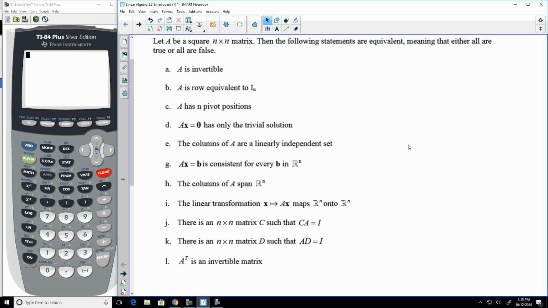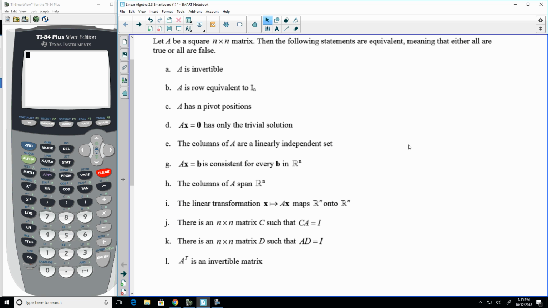It doesn't mean they're the same. It just means that when one of them is true, they're all true, and if one of them is false, they're all false. So to show any of these is true, all you've got to do is find one of them that's true. See if you can show that one of these is true, and then you get them all automatically. So the first one's A is invertible.